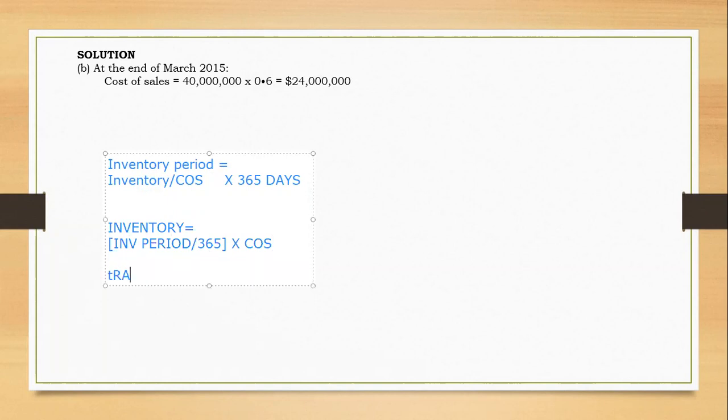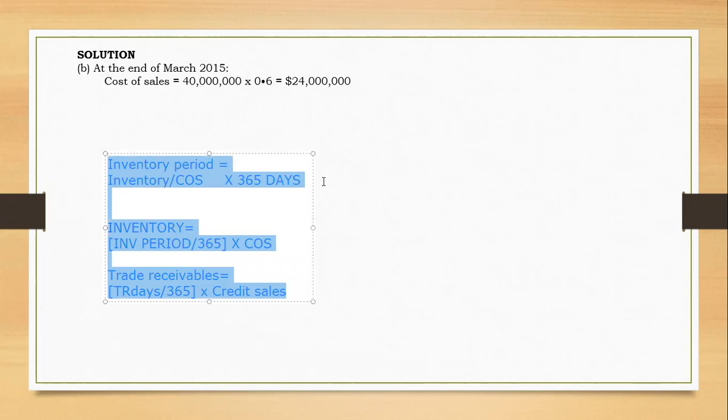If you make this trade receivable period ratio the subject, you would say that trade receivables equal trade receivable days or trade receivable period over 365 multiplied by sales. Actually, we use credit sales, and the question said that all sales were on credit. So this is what we're going to do.